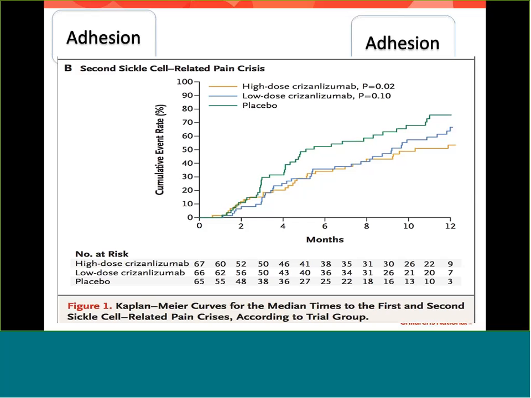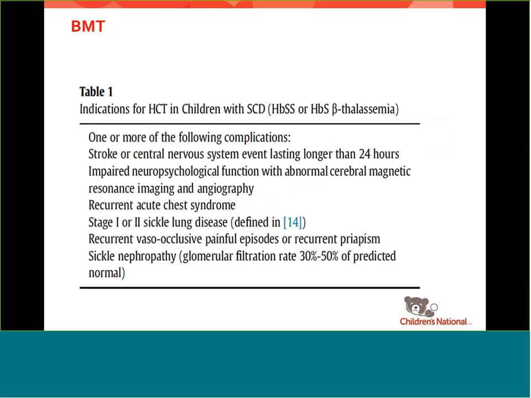It causes the sickle cell to release oxygen sooner and causes less hemolysis and increased hemoglobin. So GBT440 is a very exciting new drug that's coming out for sickle cell disease in phase 3 trial studies. We will be participating in that study.